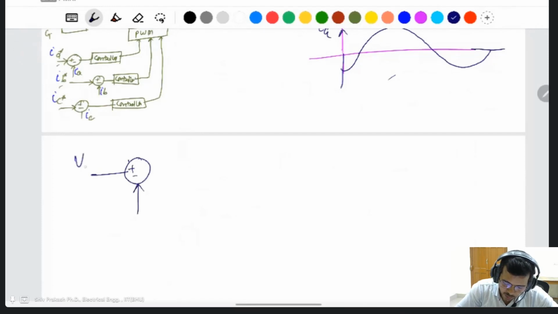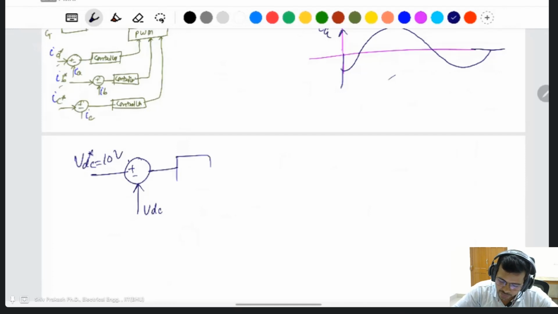Suppose you fix the voltage, V DC, at something like 10 volt, and this is a fixed voltage only. It is not a variable signal with respect to time. It will be fixed at all times. The output is also V DC, the output voltage of the DC converter.